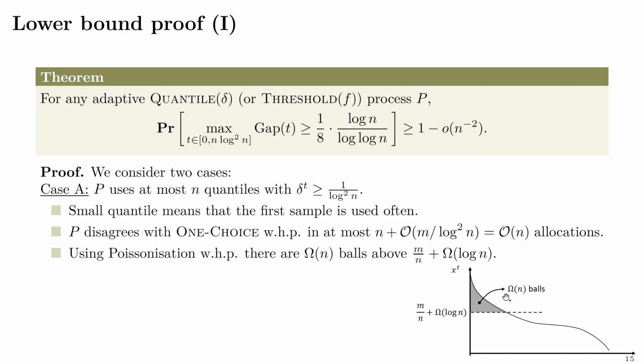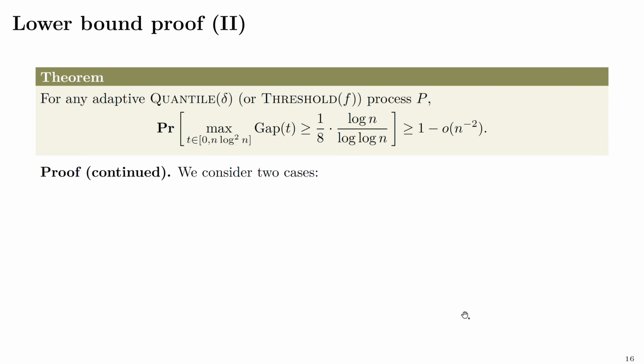So by Poissonization, we can show that one-choice has at least omega of n bins above m over n plus omega of log n. So even if we reallocate all of these, we still cannot reduce the gap below log n. And in the second case, we have at least n quantiles which are large.